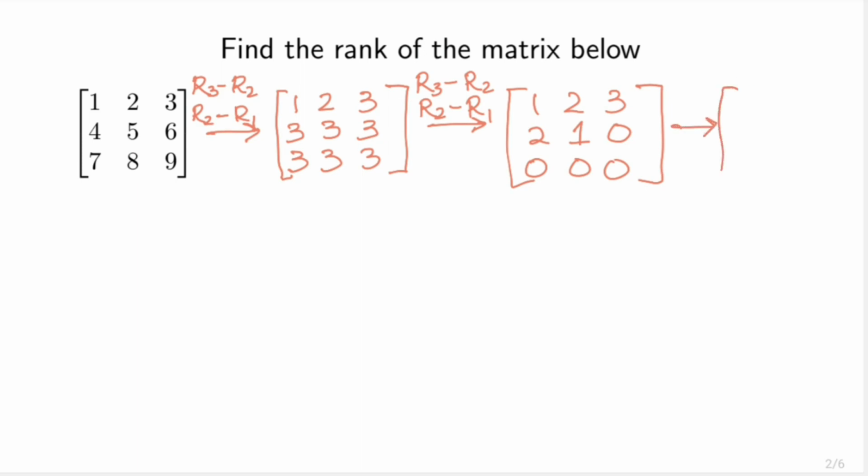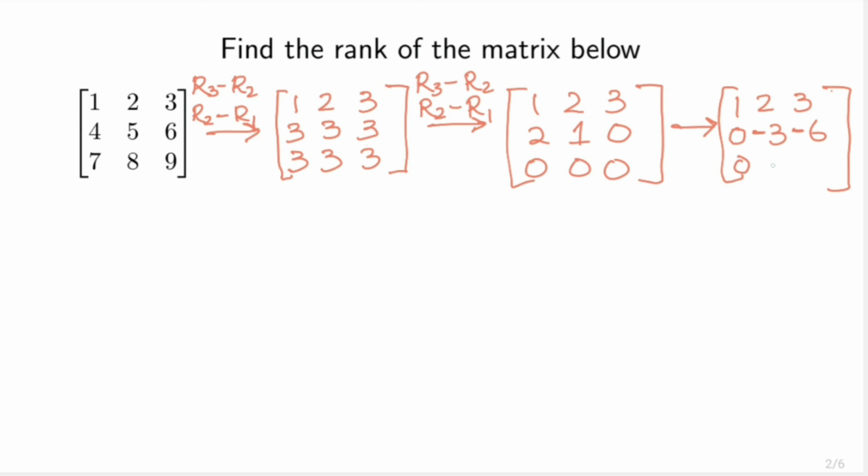So let's subtract. We have 1, 2, 3. We subtract 2 times the first row from the second, so that gives us a 0 here. Then we have 1 minus 4, that's minus 3. And then we have 0 minus 3 times 2, so we have minus 6.